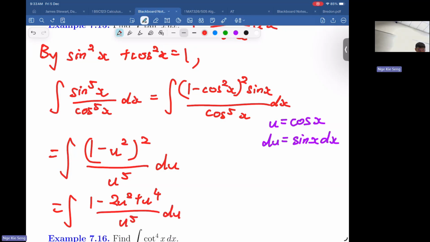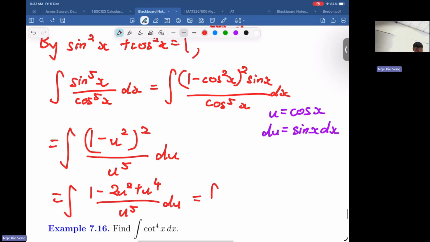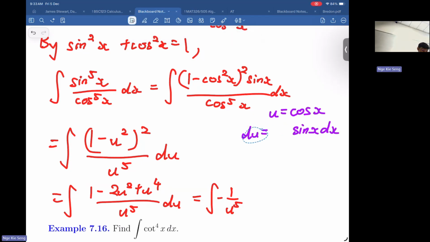And then you simplify it. Oh, the minus sign. Is there a minus sign? Yeah, I missed a minus sign here. You differentiate cos x, you get negative sine x. So here got negative, here got negative.